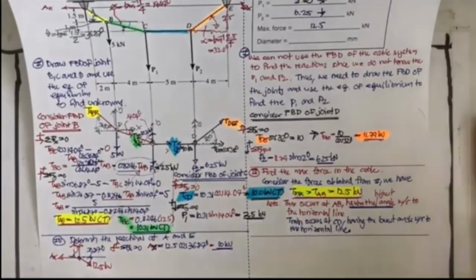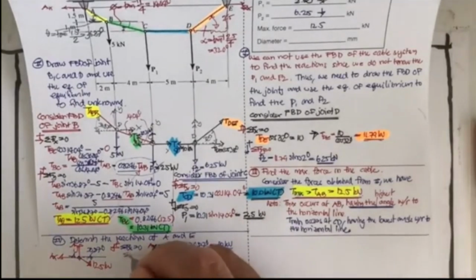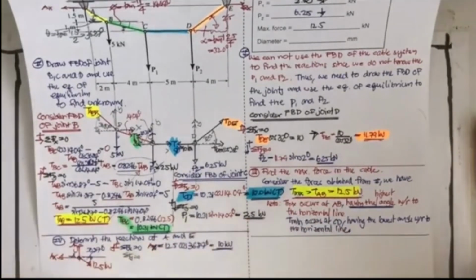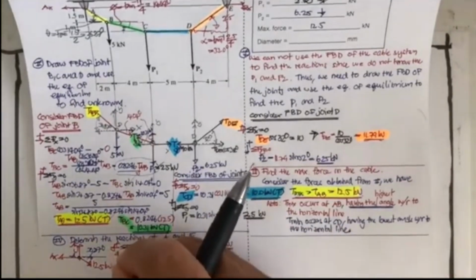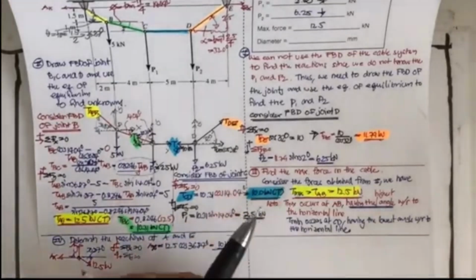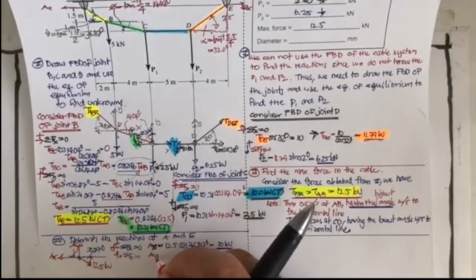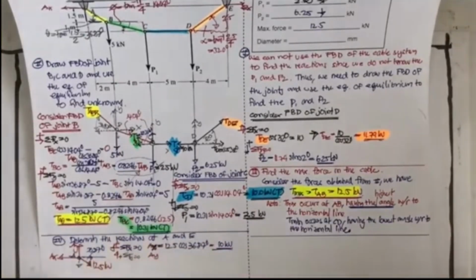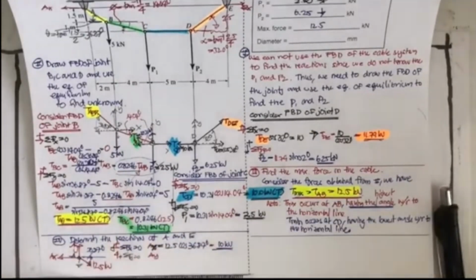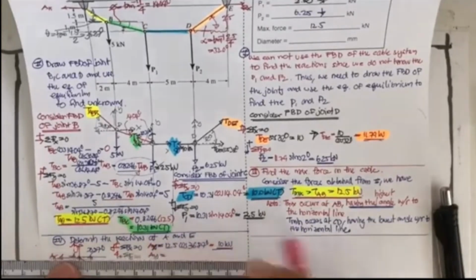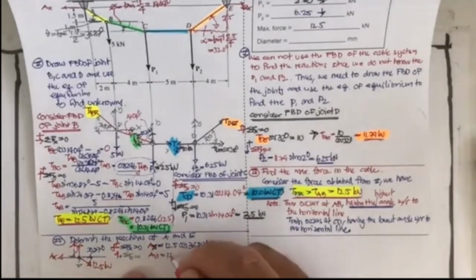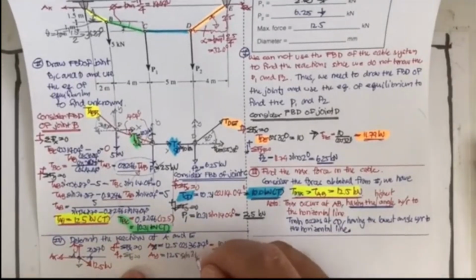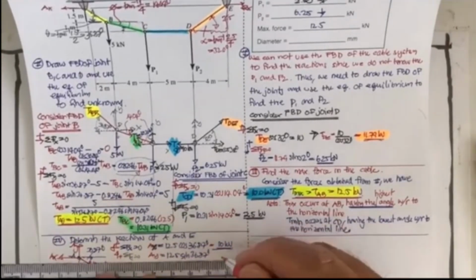For the A sub y, just do the summation of F sub y equal to 0. So this time up is plus, A sub y is up. The projection of this is going to be downward, so it's going to equal 12.5 times sine 36.87 degrees.